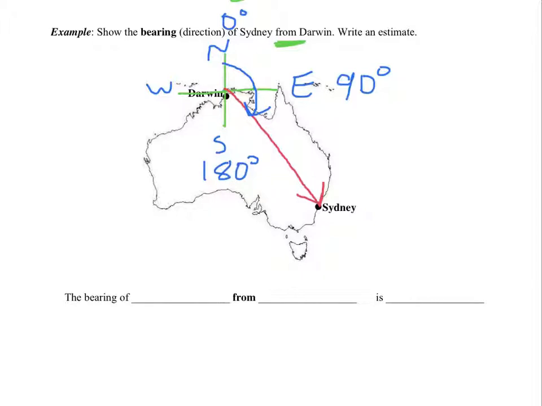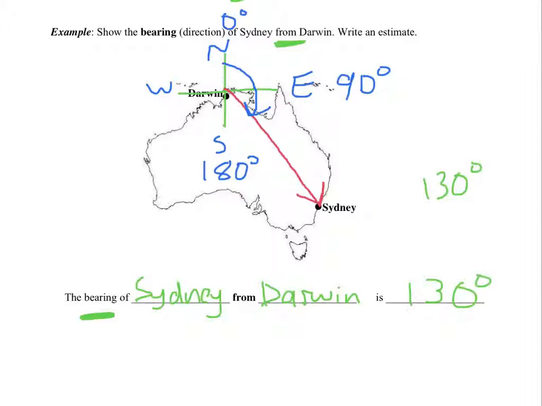So maybe we're looking at an angle about halfway between there, maybe looking at about 130 degrees, something like that, roughly halfway. So we say the bearing or the direction of Sydney from Darwin is, we estimate to be about 130 degrees.